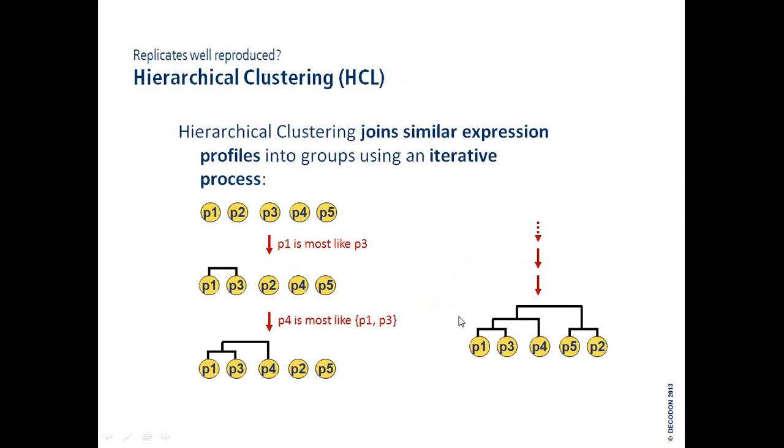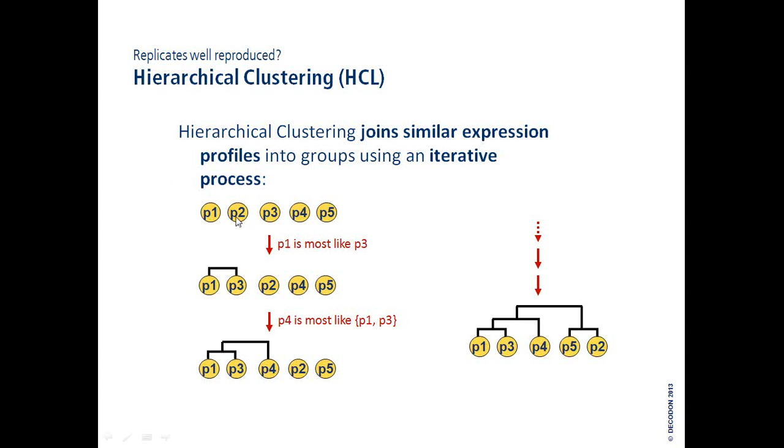Another possibility to find out whether the data is well reproduced is running hierarchical clustering, and this means that we iteratively combine those objects, that means those images, which are most likely to each other, so which are neighbored.